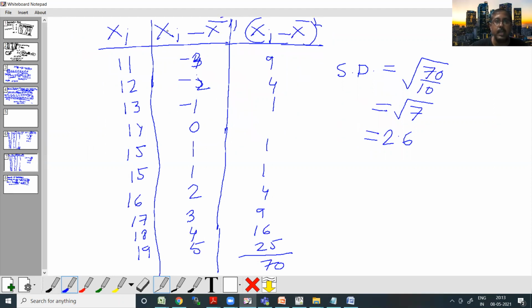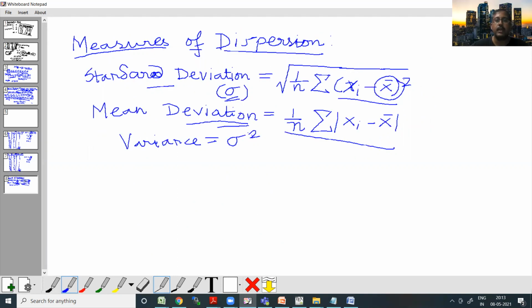If we repeat the same thing with a mod value here, we can get the value of the mean deviation. So that is one thing that we can do. The third popular one is known as the quartile deviation.